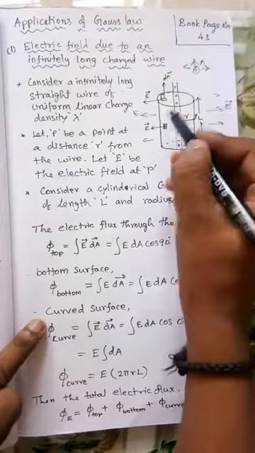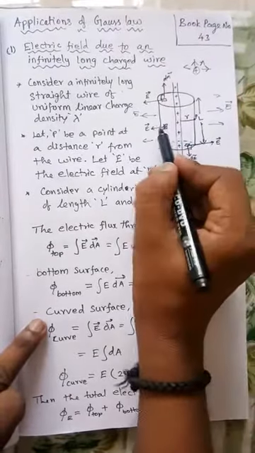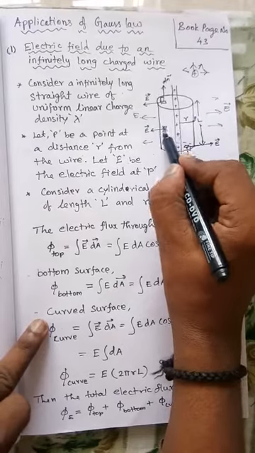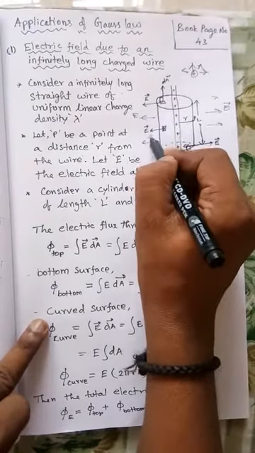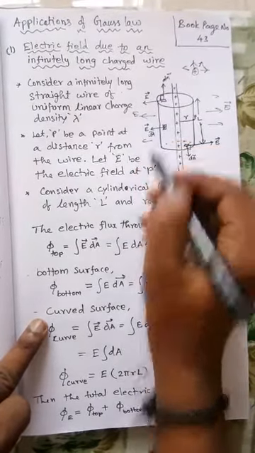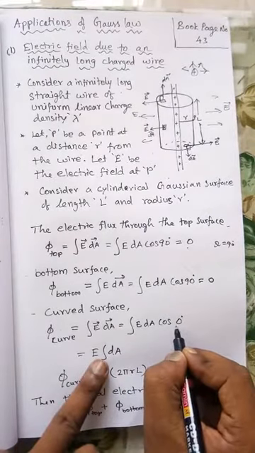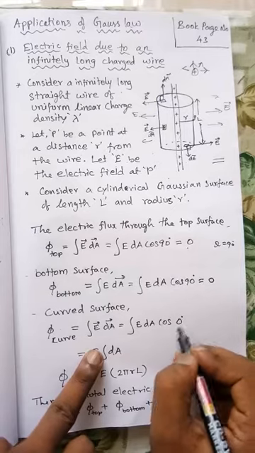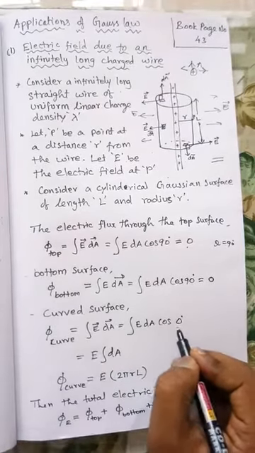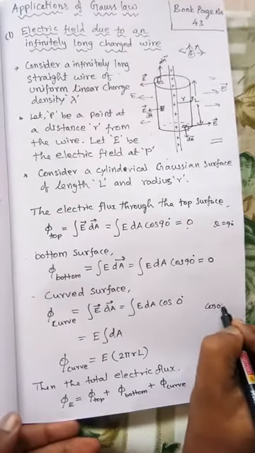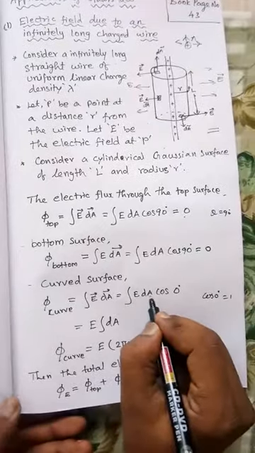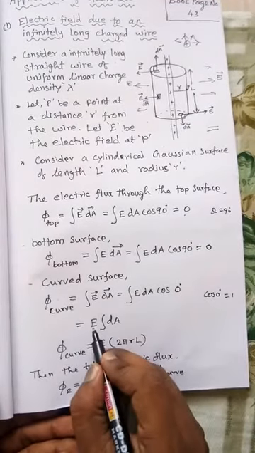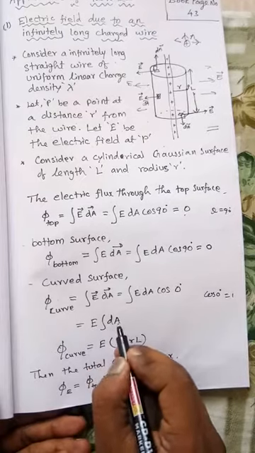Now the curved surface. The electric field and the area are in the same direction, so the angle is 0 degrees and cos 0 is 1. So we get integration of E dA. E is constant, so take it outside: E times integration of dA.